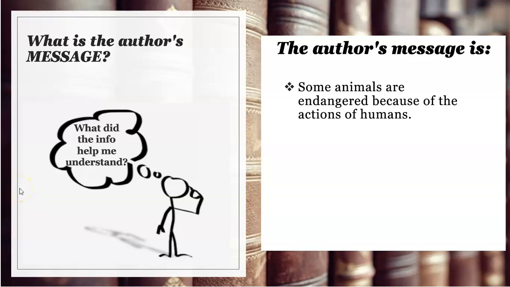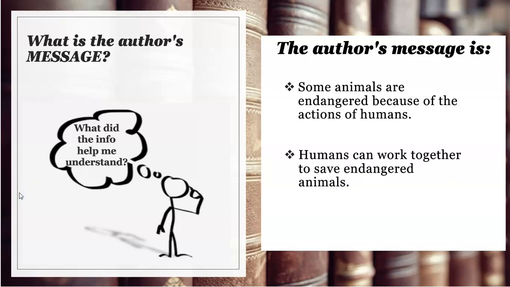We see that in the hunting of the parrots by the humans, and the hunting of those parrots by other animals, because humans brought those animals to the island of Puerto Rico.